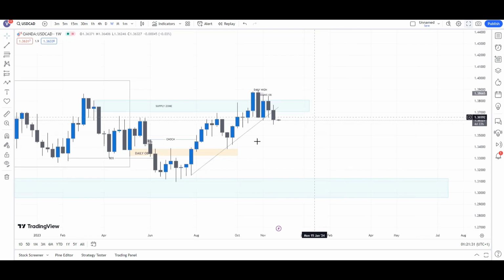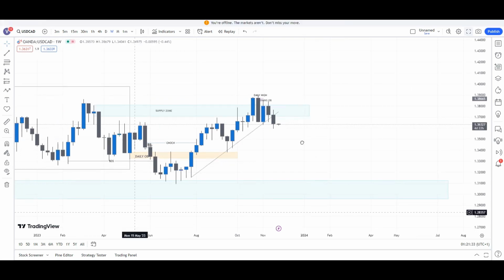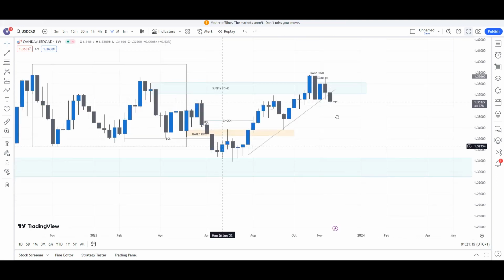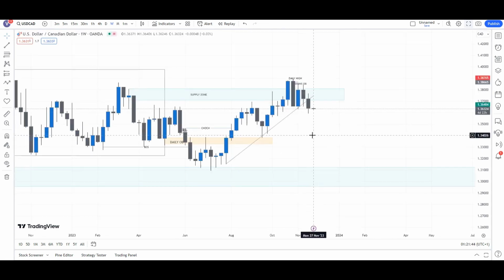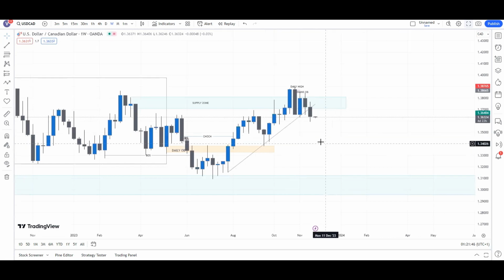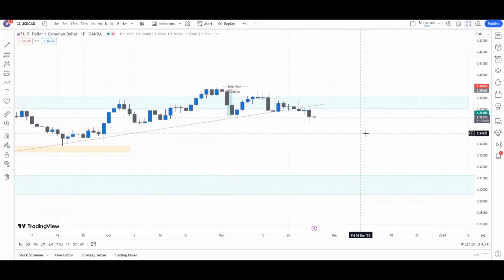Price is saying we want to go bullish, but we're still looking for an opportunity to trade this and jump on it. So let's go down to the daily time frame.